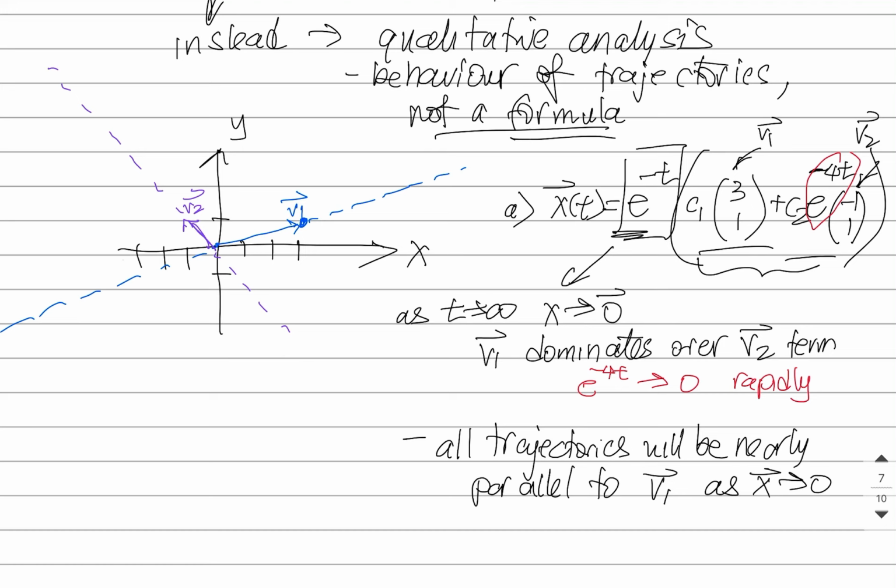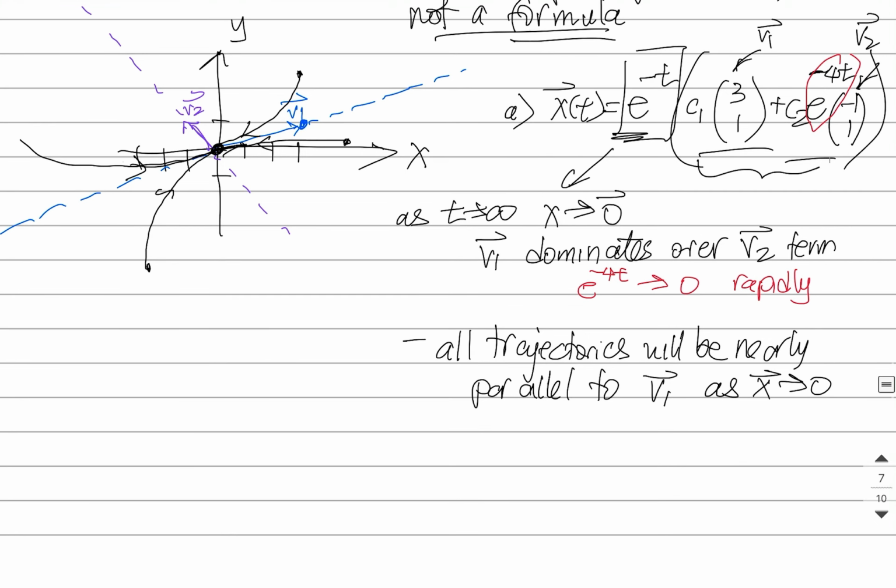And so regardless of where we start here, as we run time to infinity, everything has to go to the origin, but they have to come in essentially parallel to this v1. So regardless of where we start, things will approach the origin and move in almost parallel to v1.